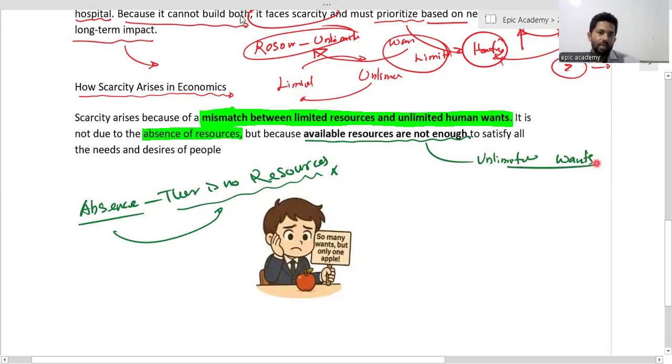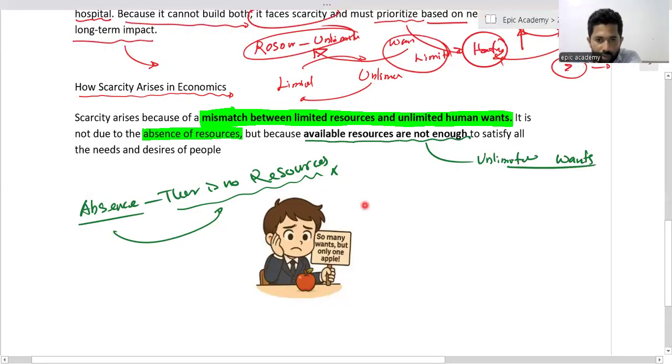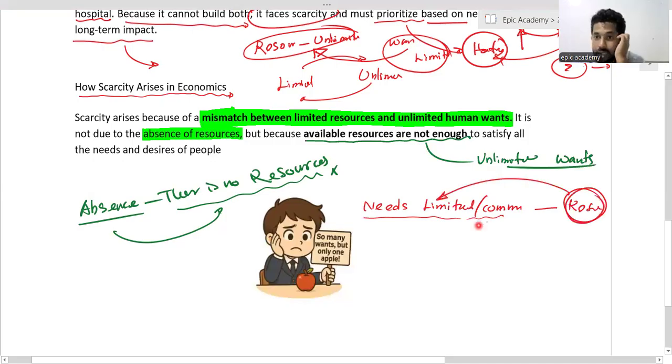So here you need to identify something. Already we know that needs are limited, and they are common. If your resources, or the country's resources, are enough to fulfill the basic needs, this is very good.